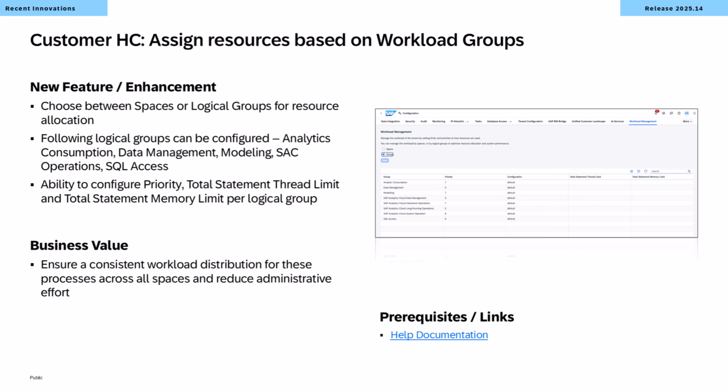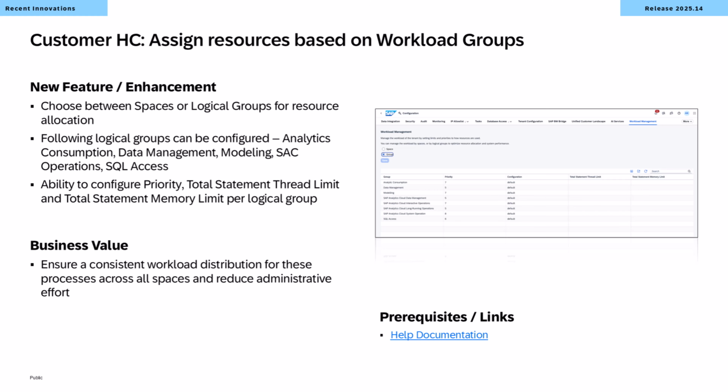But as soon as you have multiple spaces doing the same thing, there was no cap on the activity that was being performed. And as such, what could happen is that there could be multiple spaces that are doing data management tasks and are consuming all the resources in the tenant, which meant that the consumption activities were left with no resources.